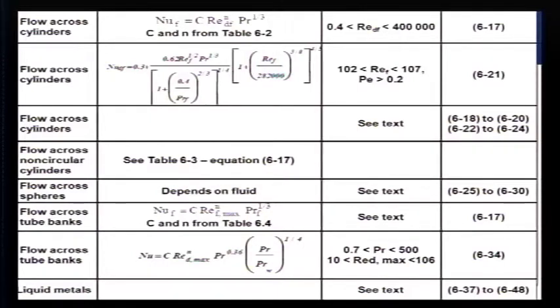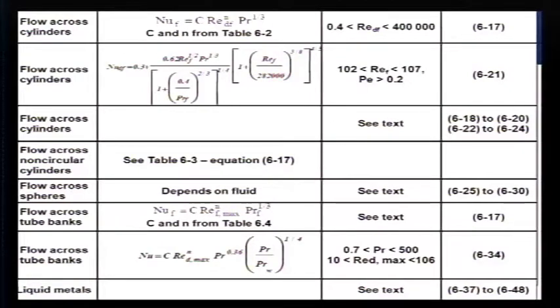Flow across spheres: this could be a low temperature gas in a spherical tank being hit by hot air. We want to know how much heat is lost to the sphere from the outside air, and these tanks have to be kept at low temperatures. We can work that out using the appropriate equations.